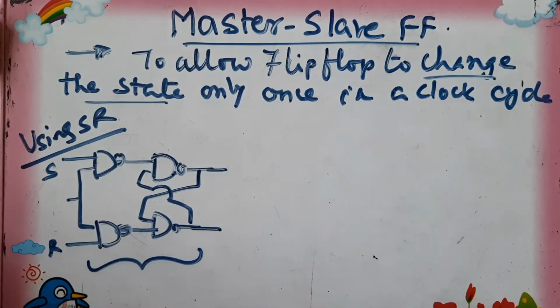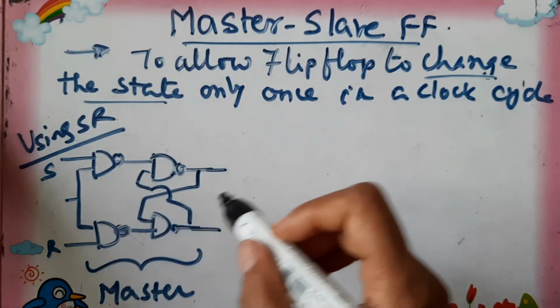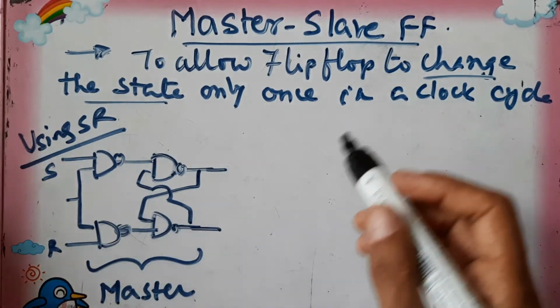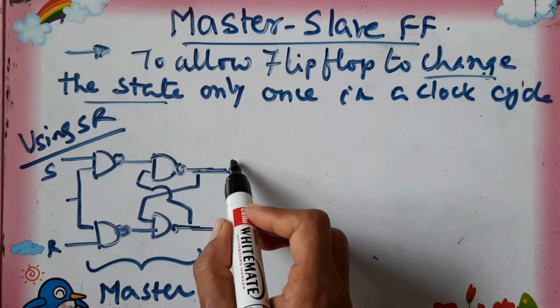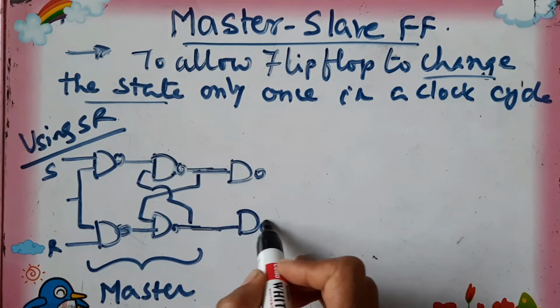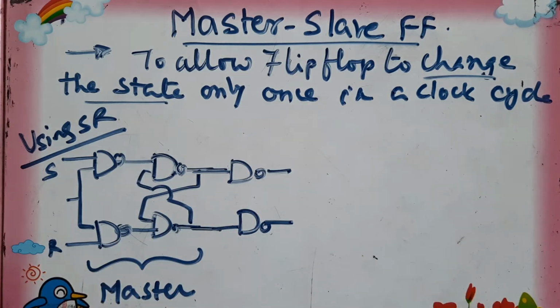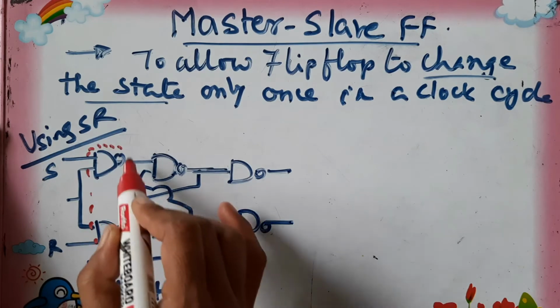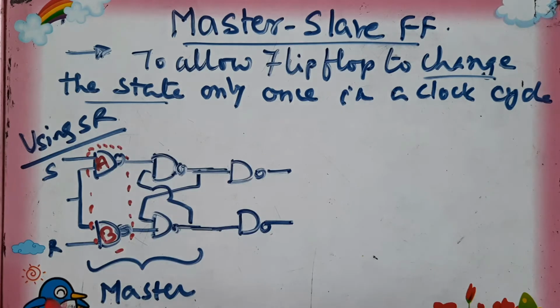So this configuration will be the master. This flip-flop will act as the master flip-flop. Then one more stage of this combination is introduced at the end of the master, and that is called the slave. Here A and B are triggering gates for the master.